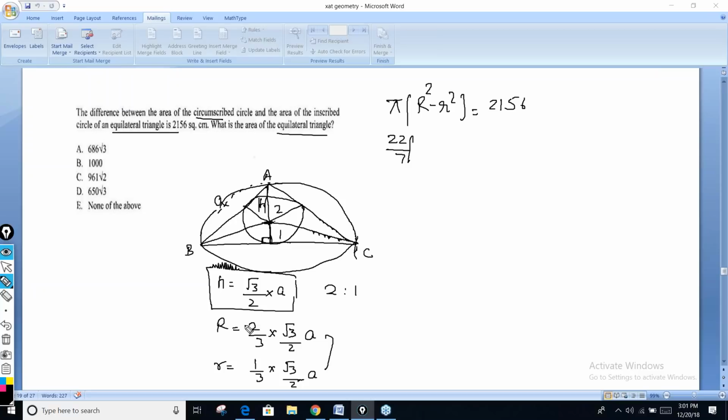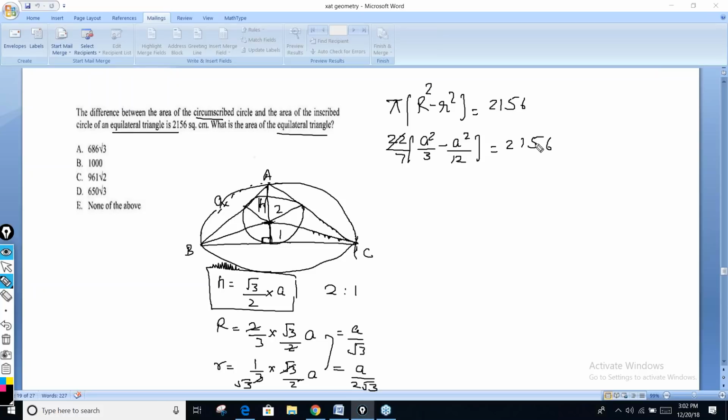If I simplify, R is a by root 3 and r will be a by 2 root 3. So the area difference will be a square by 3 minus a square by 12, that is given as 2156.